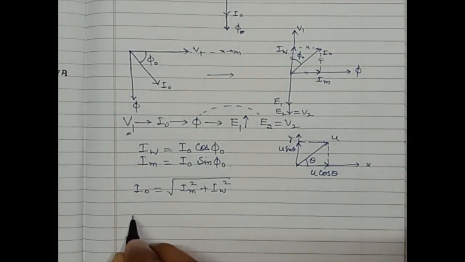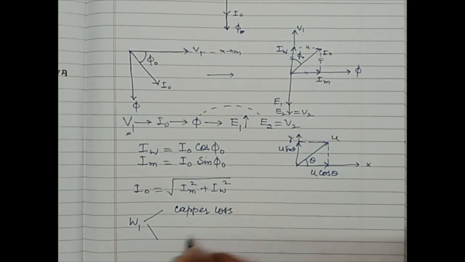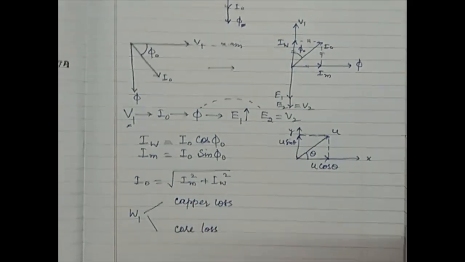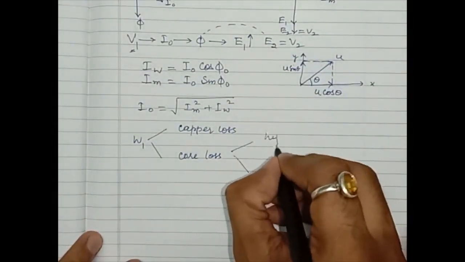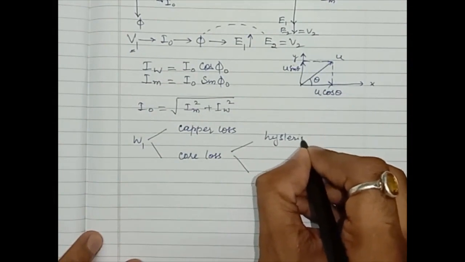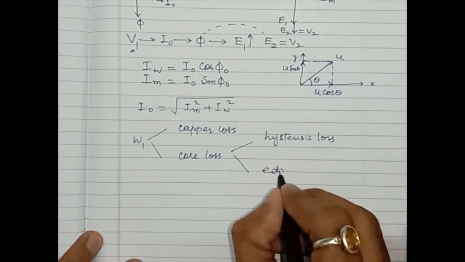The W1 is the wattmeter reading. It is measuring two losses, copper loss and core loss. Further, the core loss is divided into two: one is hysteresis loss and the other is eddy current loss.